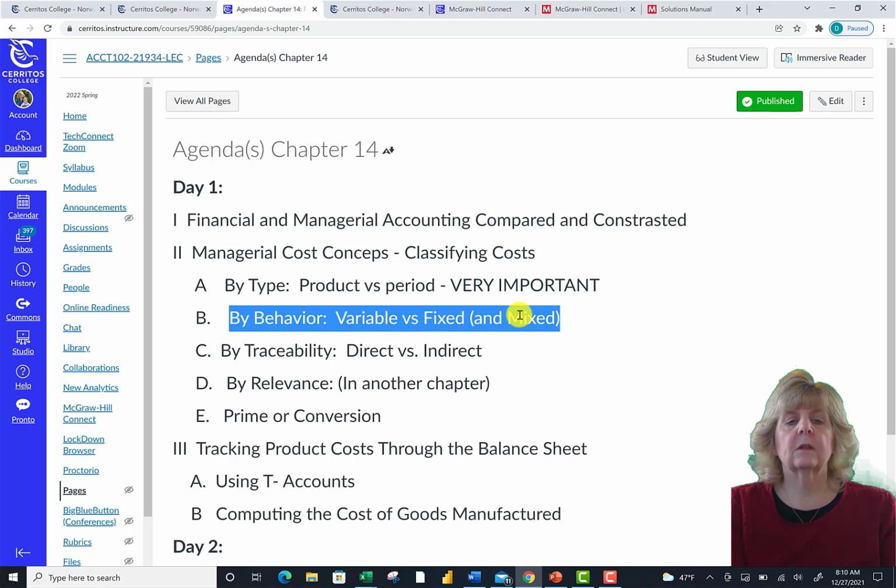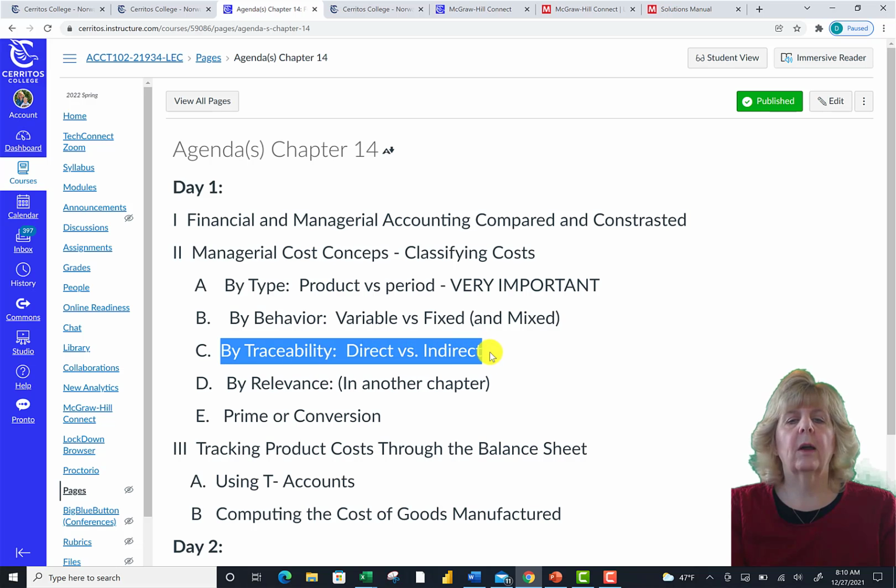The book touches upon the difference between variable and fixed costs. We'll discuss how to classify costs by behavior. This is emphasized in another chapter in your book, so I would consider in this chapter that would be light coverage. We'll talk about how to classify costs by traceability, whether a cost is direct versus indirect.